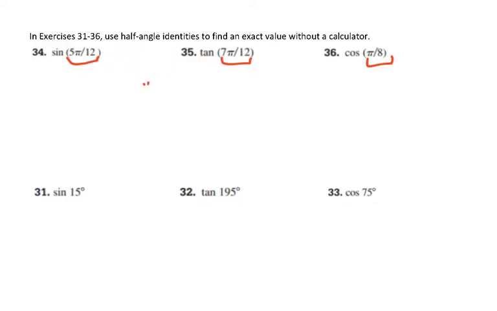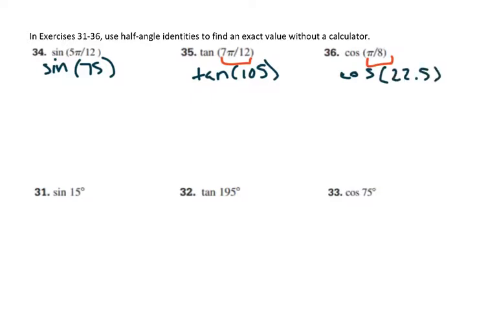And so this first one here ends up being sine of 75 degrees, then this one's going to be tangent of 105, and then this one's cosine of 22.5, if we multiply by that, changing from radians to degrees.